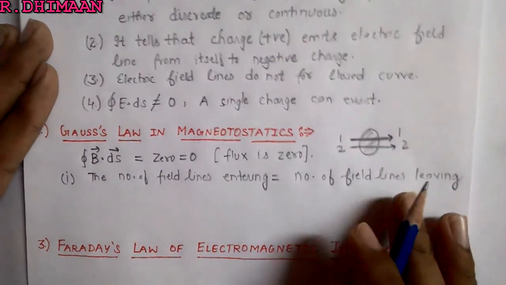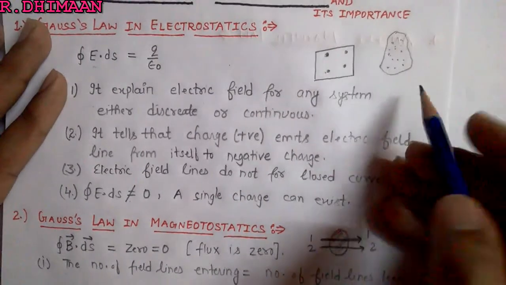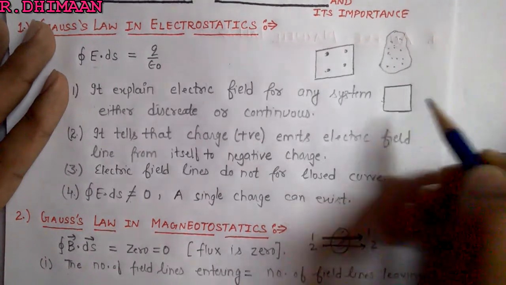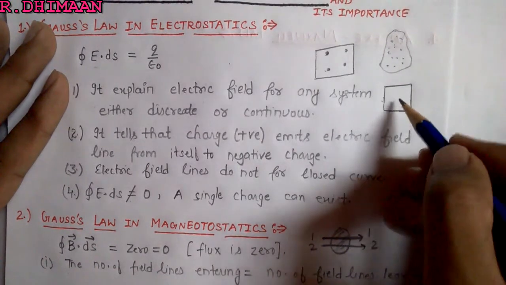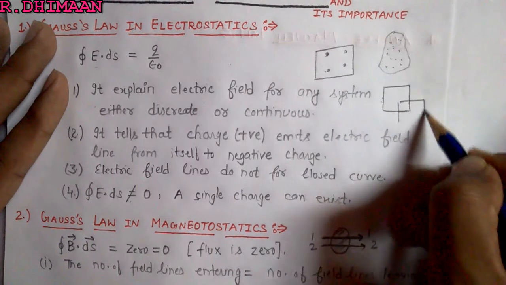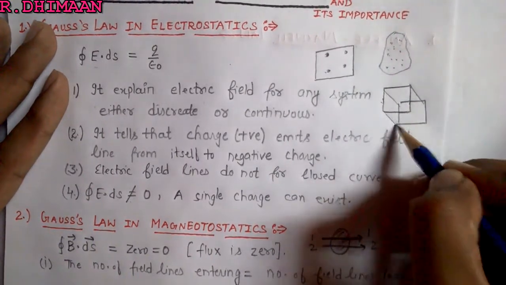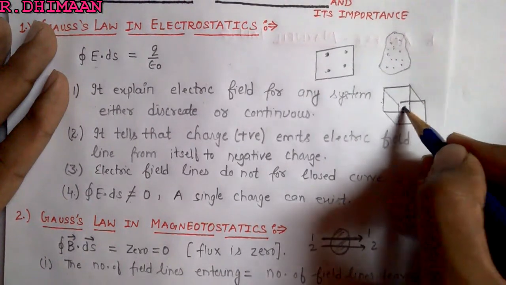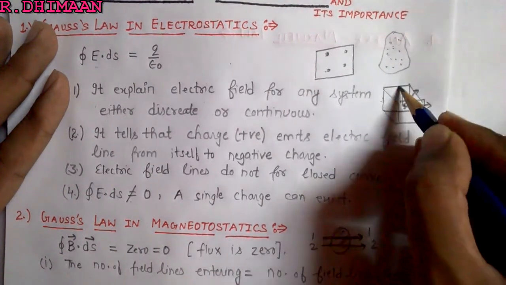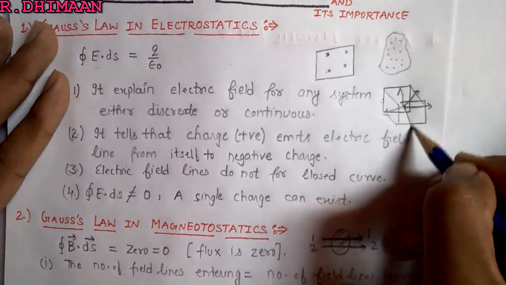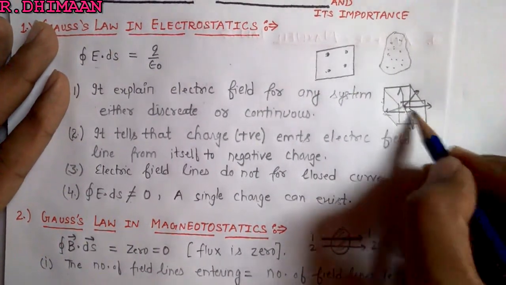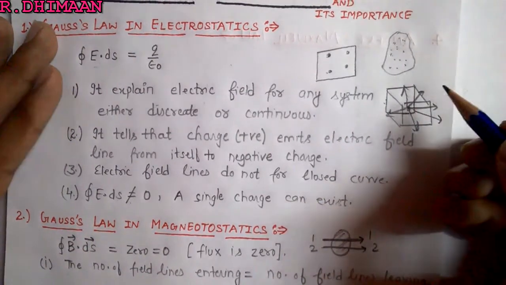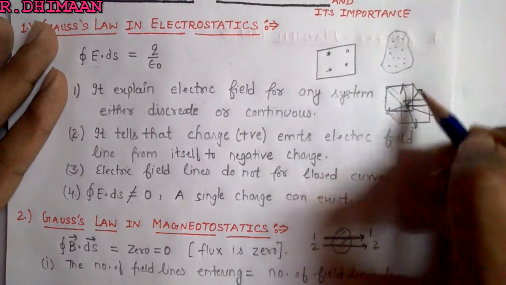And in electric field, that is not possible because the charge is contained by that surface. Like we can consider a cube, and inside that cube we have a charge that is emitting electric field, and thus we can say that there is a particular electric field passing through that surface.